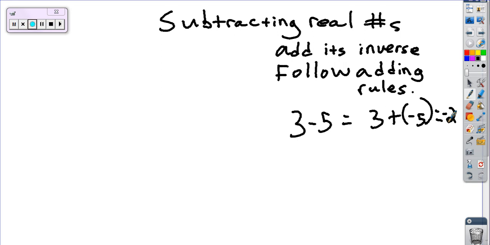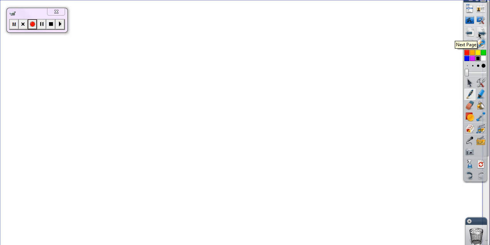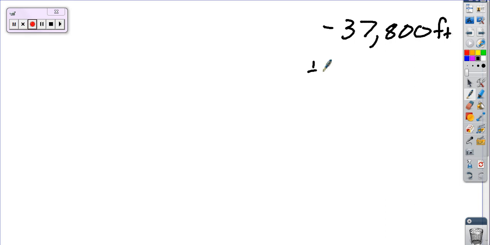Okay, so we have to do a little bit of thinking here. The first thing we're told is the Trieste went down this far, 37,800, so it's negative 37,800 feet. Aren't you just subtracting? Okay, be careful here. The second record, it says the previous record was 13,800 feet less. That means I need to add 13,800.